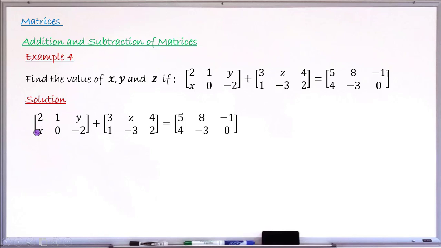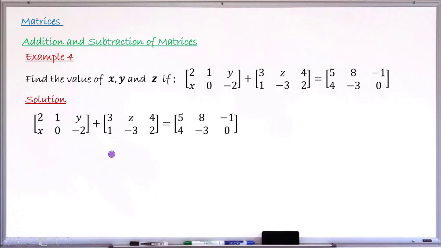So you don't have to waste time. The addition of these 2 matrices is what gives you this matrix. What we simply do is check those unknowns, take their corresponding entries, add them and equate to the corresponding entries.